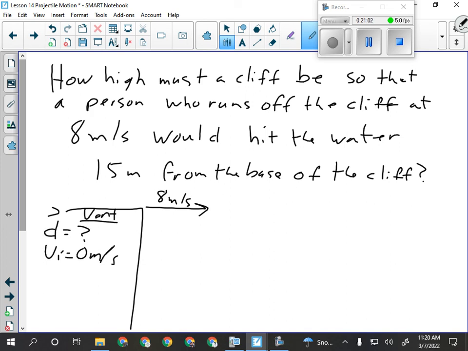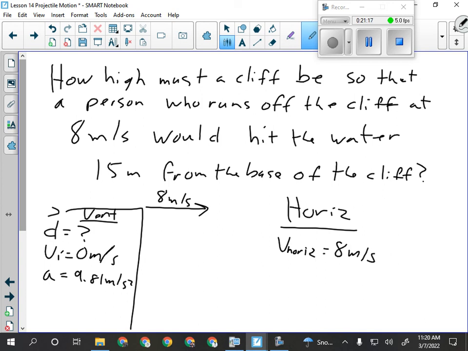We know the acceleration is 9.81 meters per second squared downwards. And horizontally, we know that the speed is 8 meters per second, and we know that the distance is 15 meters.